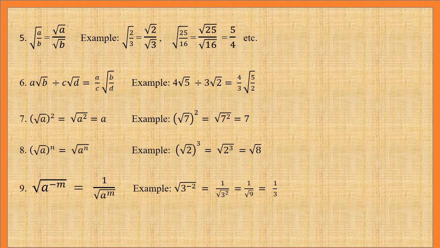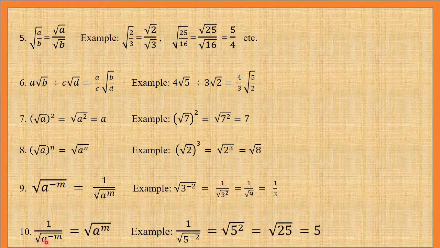Then for the 10th and final rule, when you have 1 over square root of a exponent negative m, it is the same as square root of a exponent m. For example, 1 over square root of 5 exponent negative 2 will be equal to square root of 5 squared, which is equal to square root of 25, and that will give us 5.